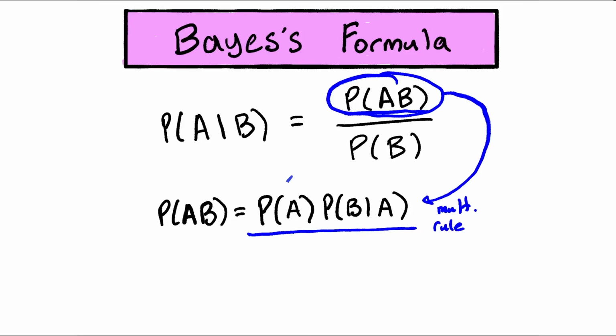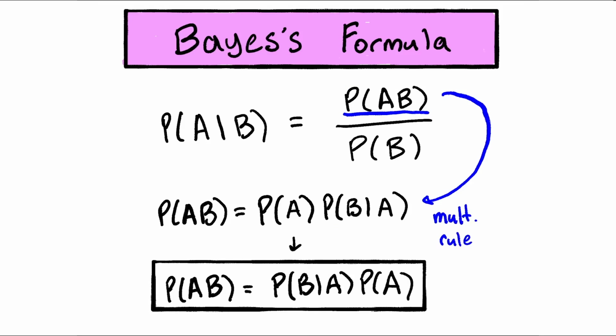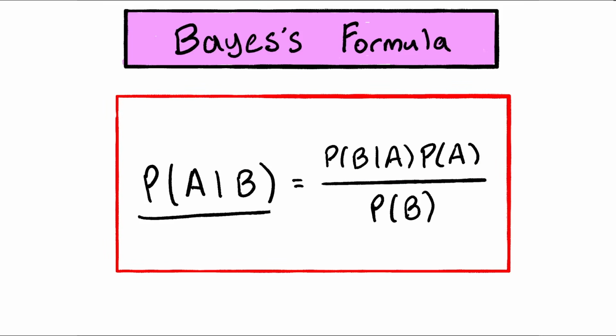And then if we do a little flip-flop between these 2 terms using the commutative property, we get the probability of A and B is the probability of B given A times the probability of A. And finally, if we just plug that back in right here, that gives us the probability of A given B is the probability of B given A times the probability of A divided by the probability of B.